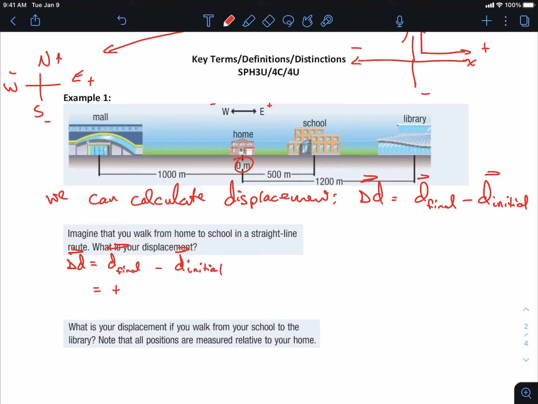East is positive, so I said positive 500. And then what's my initial? My initial was 0. So what's the answer come out to be? Well, it's positive 500. Don't forget your units. 500 meters, in the positive direction. Well, what's in the positive direction? East. So your answer would be 500 meters east.